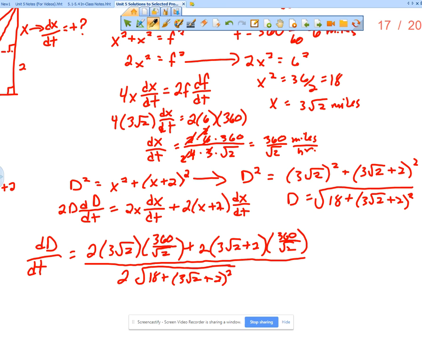Right? Now, of course, you could do a little bit of simplification here. Of course, like 2, those reduce. And then I have 3 root 2 times 360 over root 2. So those root 2's would actually reduce. These ones do not, though, because the 2 doesn't have that.